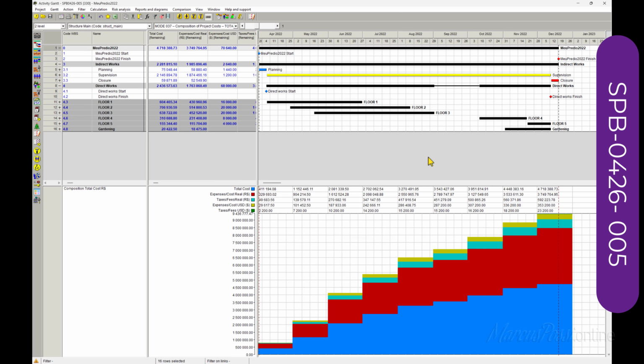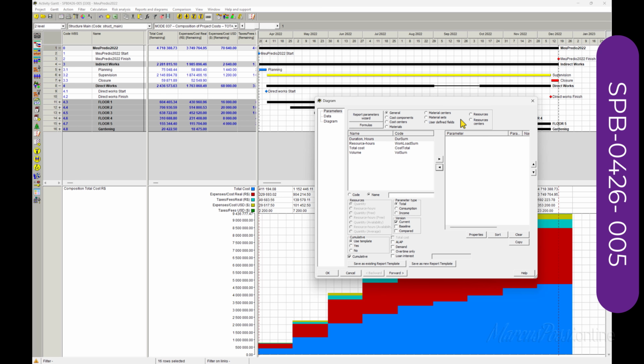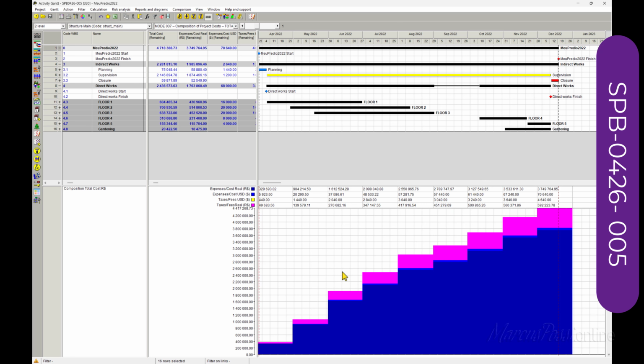Or you do not use total cost, but you choose your cost components without funding. And you have here the total cost, the cost center made up bottom up by its components.